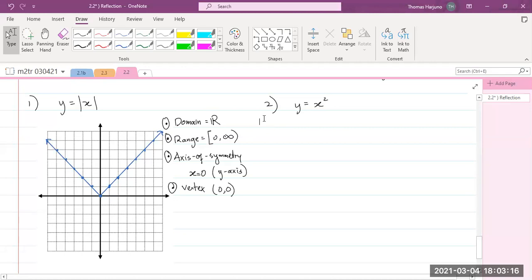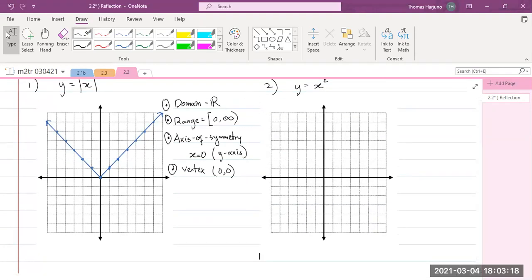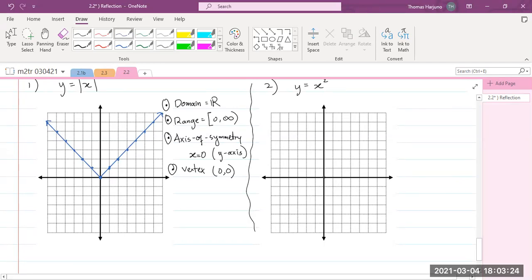The graph looks like this. The coordinates are 0, 0, 1, 1, 2, 4, 3, 9. Negative 1, 1, negative 2, 4, negative 3, 9.